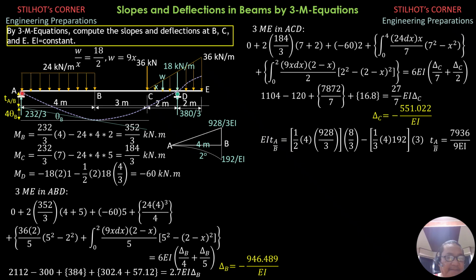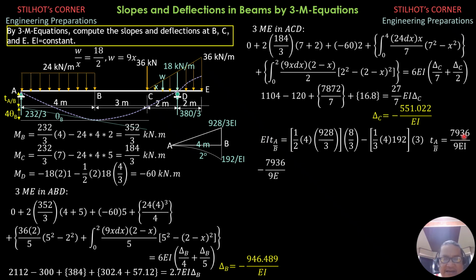But since this deviation in decimal is less than delta B, the figure shown is correct. So that's why we anticipated theta B to be negative. So the deviation of A relative to B, which is of course treated negative below A, then plus 4 theta B is equal to delta B. And delta B is also negative 946.489.